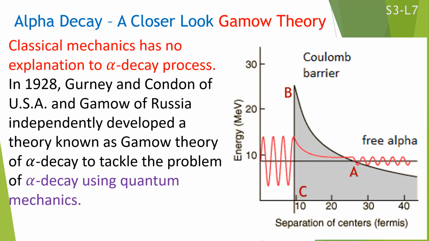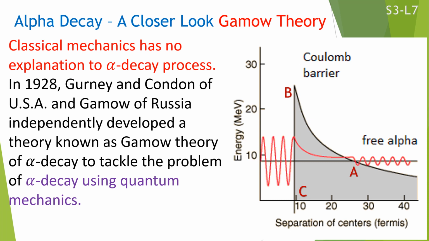According to classical mechanics, an alpha particle having energy of 5 to 10 mega electron volts inside the nucleus cannot cross the potential barrier and escape if its energy is less than the maximum height of the Coulombian barrier, which is about 25 mega electron volts.